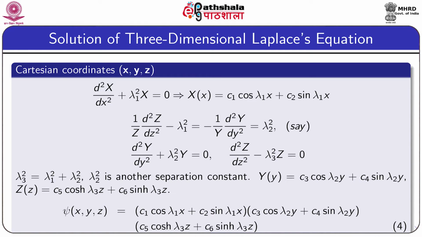So, here we put x equals 0, and it becomes C1. So, psi at x equals 0 implies C1 equals 0, and the other condition, psi at x equals a equals 0, gives that C2 sin lambda 1 a equals 0.